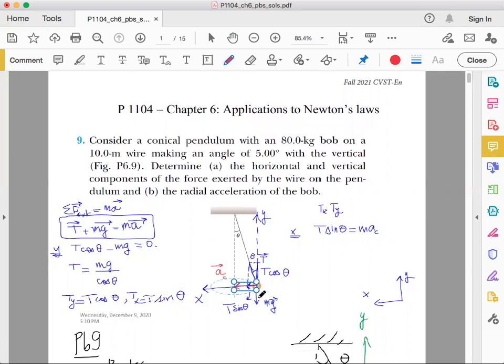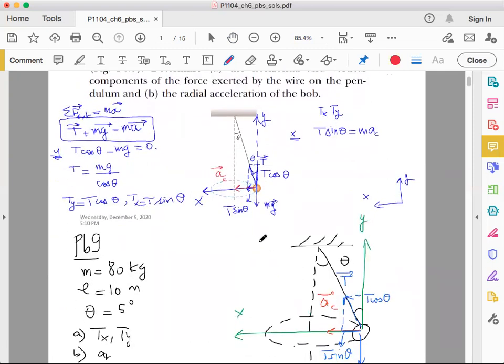This is the centripetal acceleration, which we know about, because the bulb is moving on this circle, right? So have a look. The bulb is moving along this circle, and at any point along the circular path, the bulb always has a centripetal acceleration, which is pointing towards the center of the circle, inward. So this is AC.